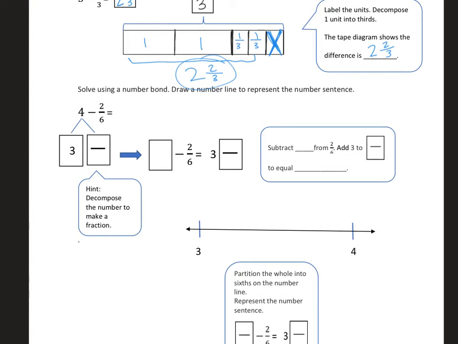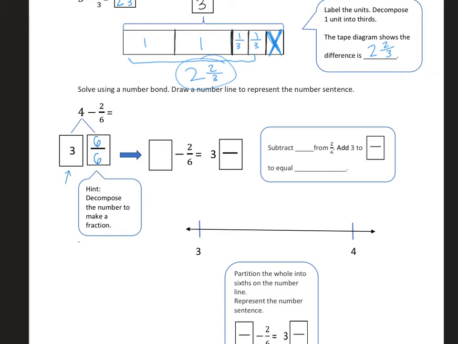So if we're dealing with sixths, I'm going to say, okay, self, how many sixths make up one whole? I know that 6/6 make up one whole. So I'm going to take my 4 wholes, and now I took one whole away because I did 6/6, and now I have 3 left, which is how they got this 3 wholes, okay?